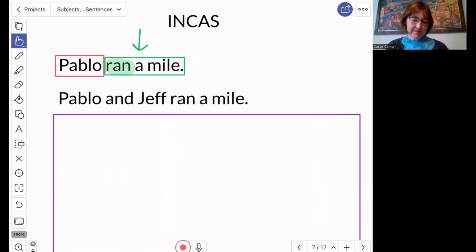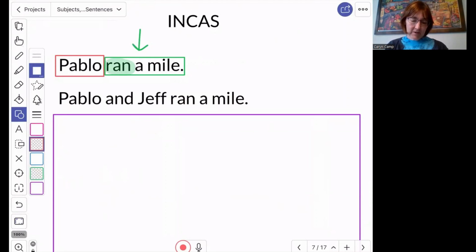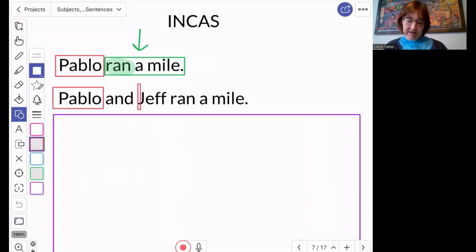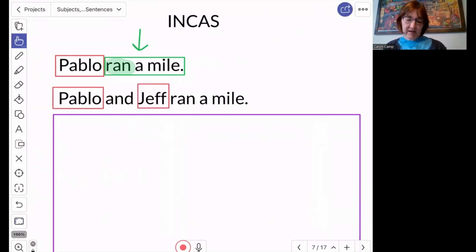So who or what is this sentence about? Well, we will not include and in the subject. So because I want to show you that there's 2 people running a mile. So here is our first subject, Pablo, and here is our next subject, Jeff. And you can see that they're combined with the fanboys conjunction and.